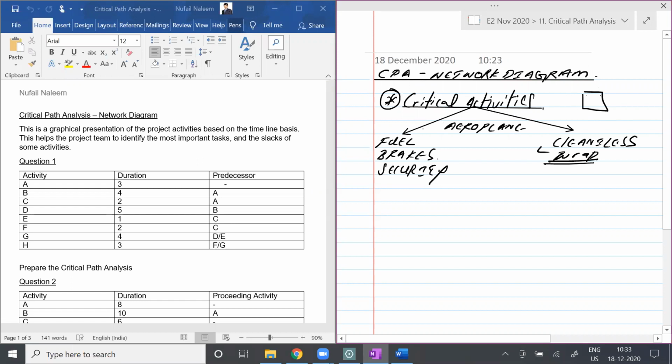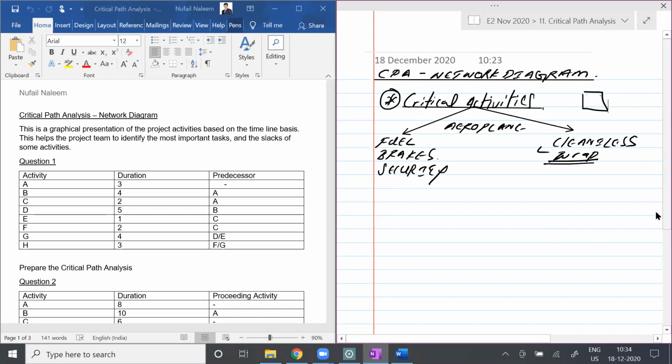Electricity? Critical. Fan? Non-critical. Are you now clear? Without a fan you can do the exam, but without Wi-Fi or electricity you can't. Makes sense.